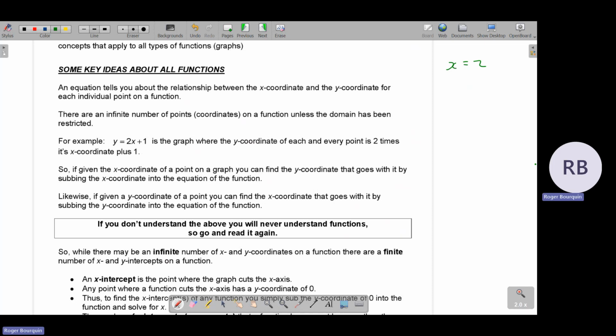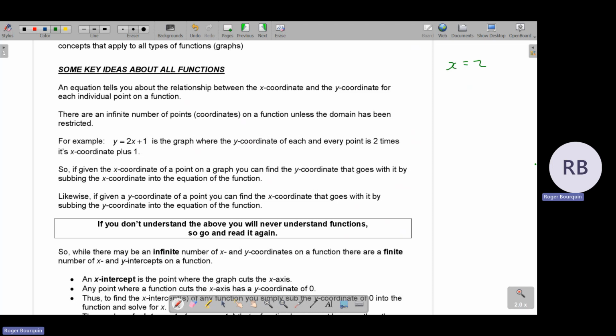If given the x coordinate of a point on a graph, you can find the y coordinate that goes with it by subbing the x coordinate into the equation.